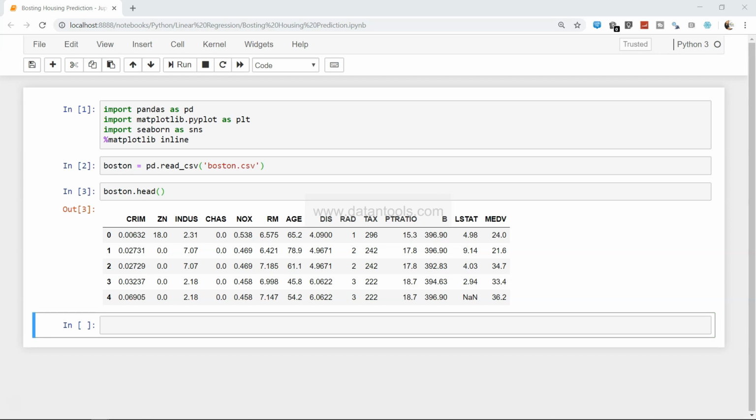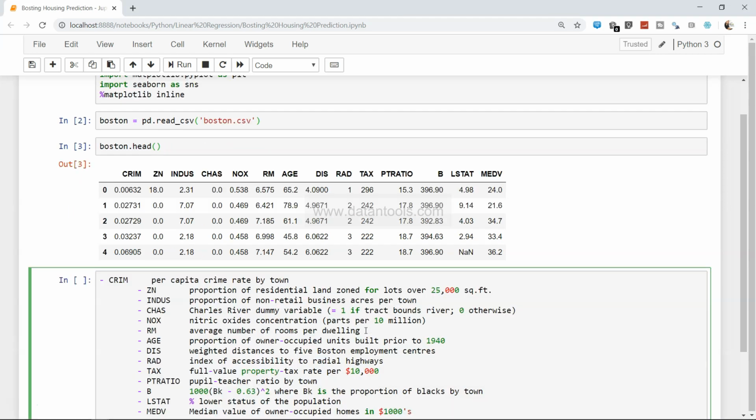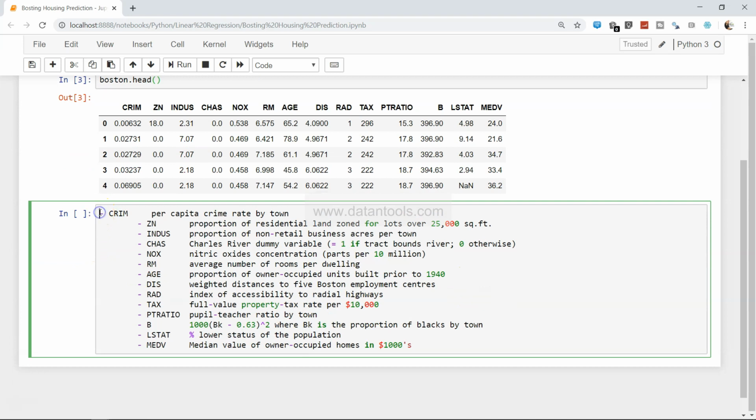They have their relevant meanings, and if I show you those meanings, it's over here. CRIM indicates the per capita crime rate by town, so the higher the crime rate, the lower the occupancy and the lower the price.